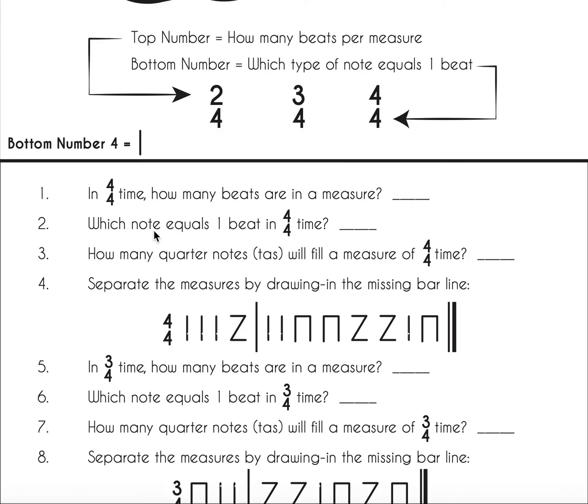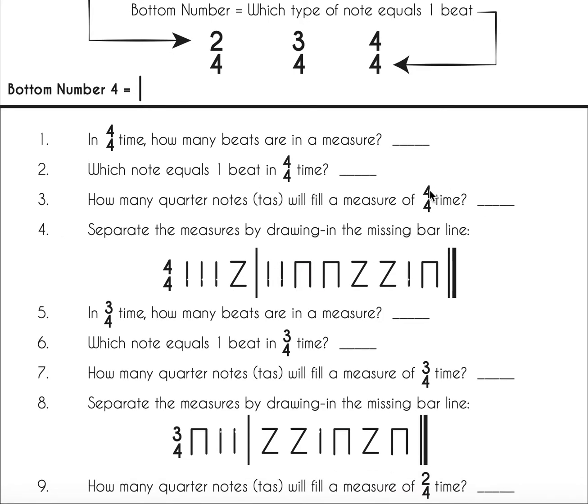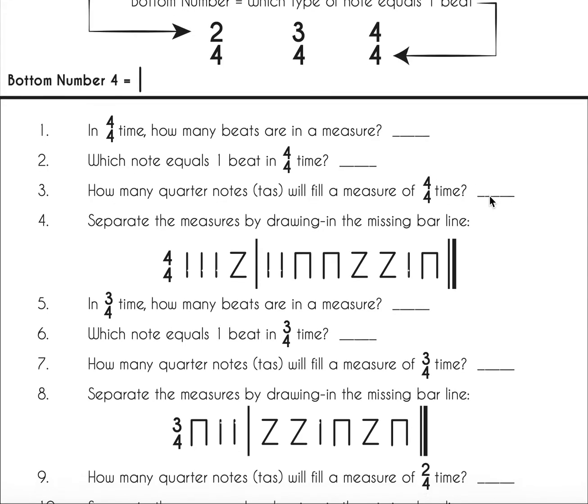And we already answered number 2. Number 3 asks you how many quarter notes, or tas, you remember we call them ta, will fill a measure of 4/4 time. So that's asking how many quarter notes will it take to get to 4. Just remember, a quarter note equals 1, so how many ones do we need to get to 4?